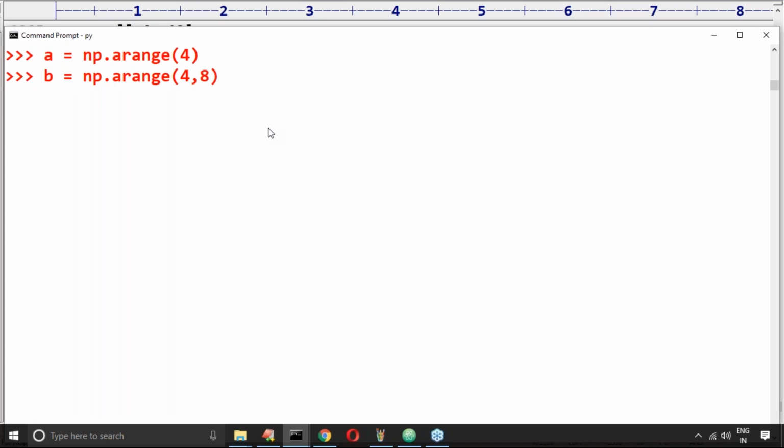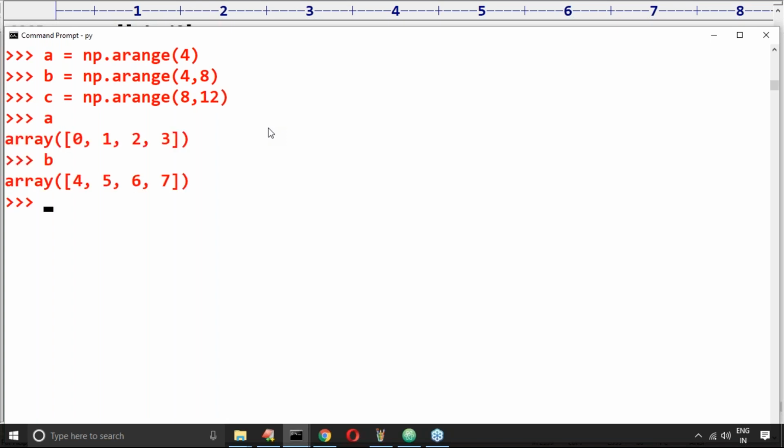Now C is np.arange of 8 comma 12, that is 8, 9, 10, 11. 12 I have to take. Can you please confirm what is the A content, B content, C content? Is it clear?